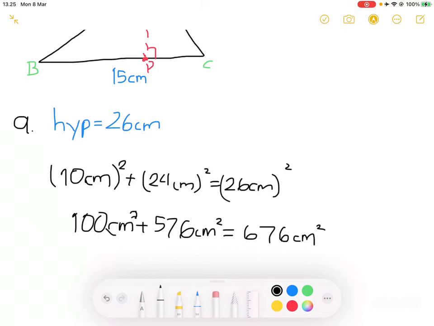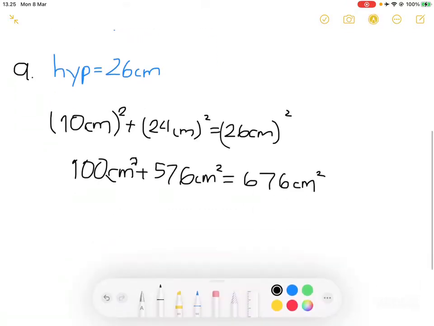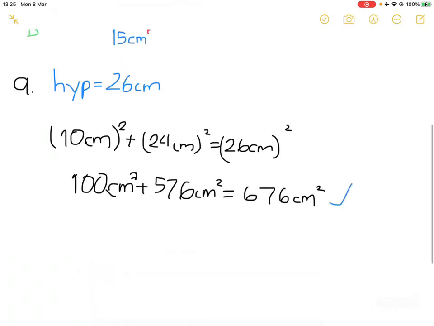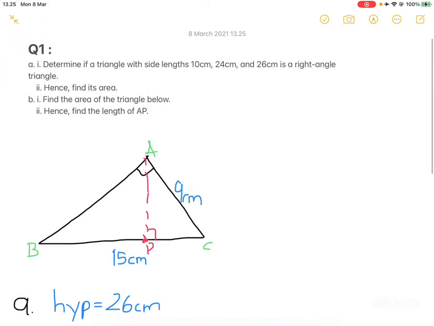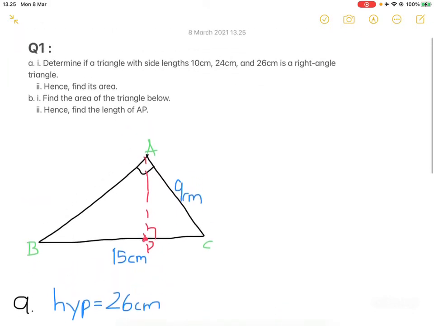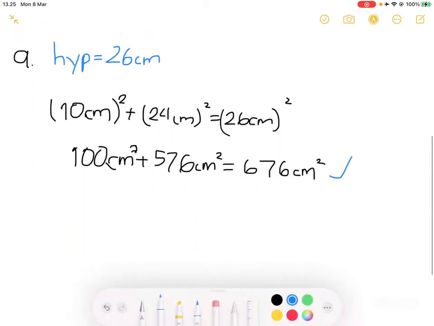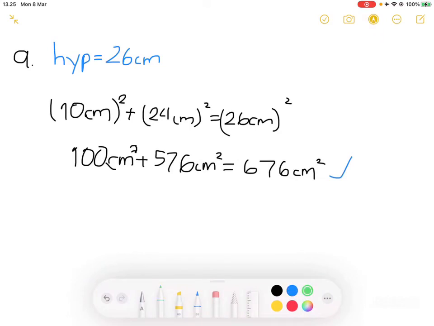And you can see here that this is true. If this is true, then our original assumption is true, so this is indeed a right angle triangle. So you can just say yes.